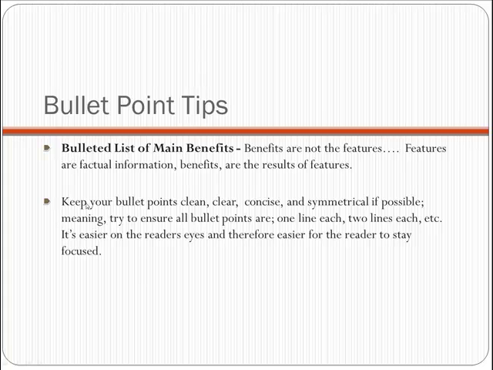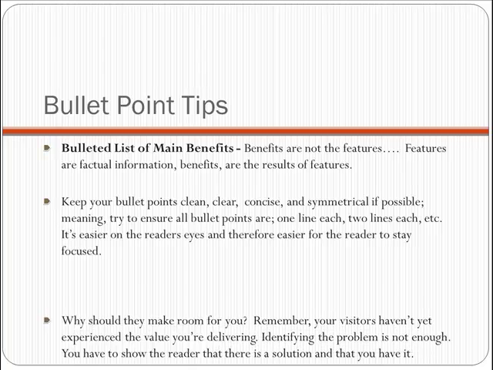So your next bullet point, if you wanted to keep that on two lines, and your next one down would be two lines, or three lines or one line, whatever. So try to keep them symmetrical, but make them nice and clean and clear, right to the point. It's easier on the reader's eyes, and therefore easier for the reader to stay focused, and you want to keep them focused through it. You want them to be able to read it very easily.